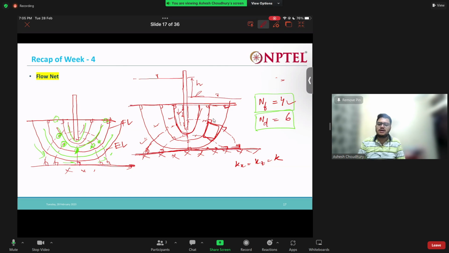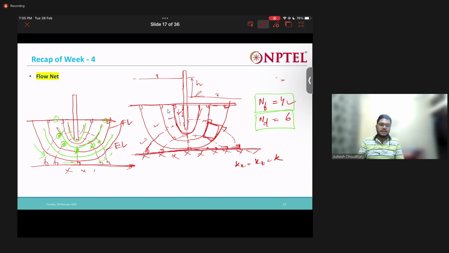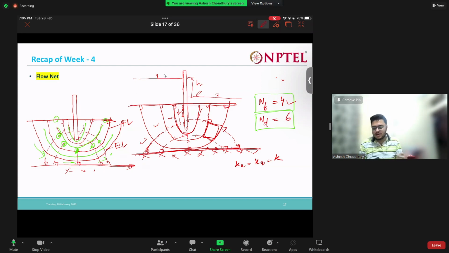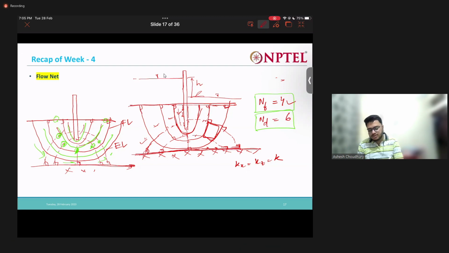Now one thing that can come to our mind is, is this flow net imaginary? Actually it is not imaginary. These flow lines represent the path each water particle is going to follow while it flows. These are not arbitrary, these are the actual paths. Physically, the Laplace equation represents the flow of water.